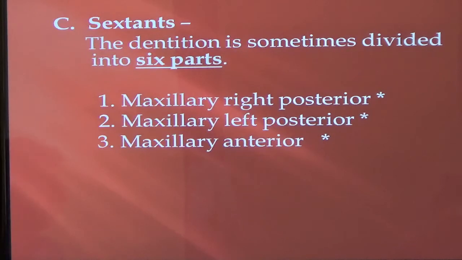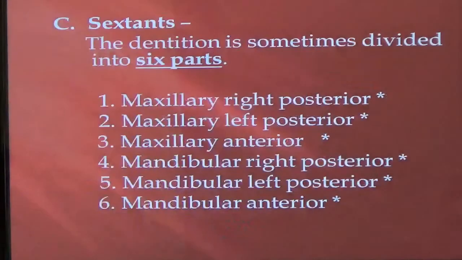And then same thing for the bottom. So you don't just have upper right, upper left, lower right, lower left. You have upper right, upper left, upper anterior. Lower right, lower left, lower anterior.